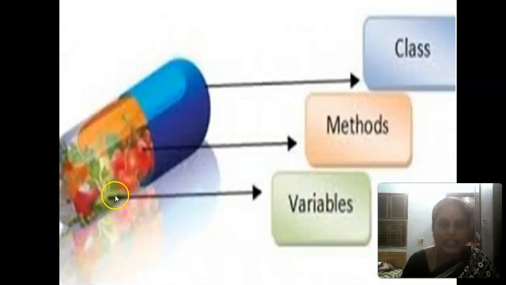Here you can see the capsule, which is called a class, which has two things: the variables or data members, and the member functions or methods. These two are closely knit together in a nutshell, and this is called a class.